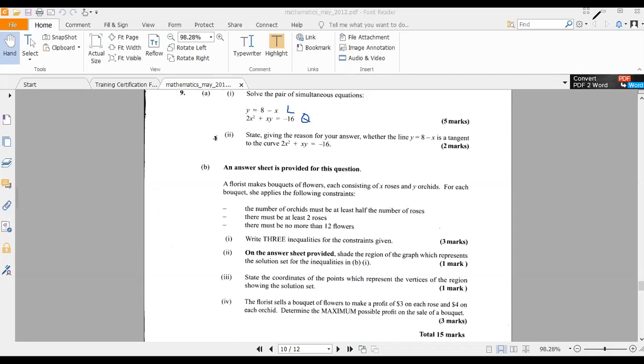How do I get this now? So I'm going to write y is equal to 8 minus x, and I have 2x squared plus xy is equal to negative 16.